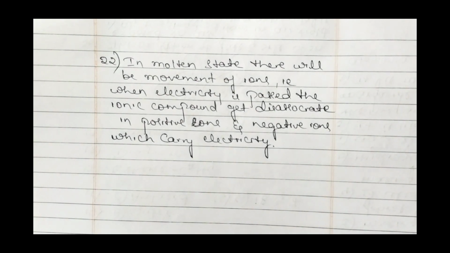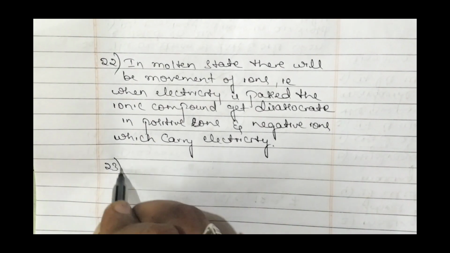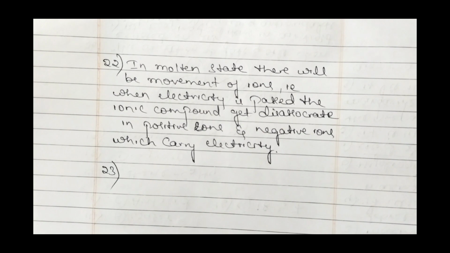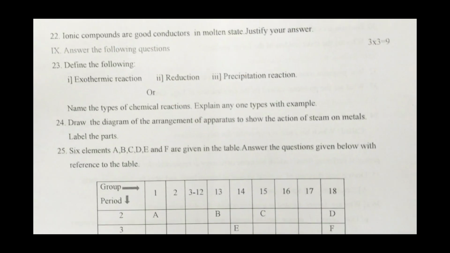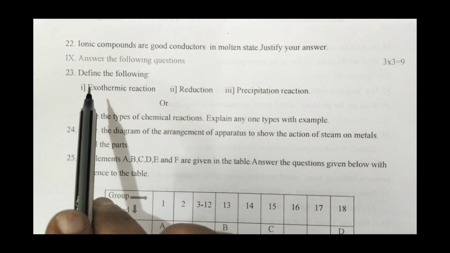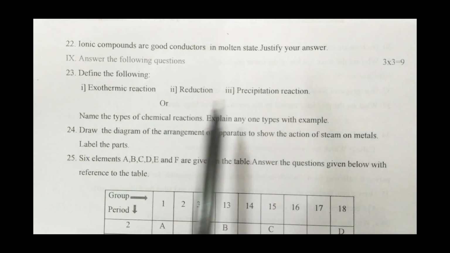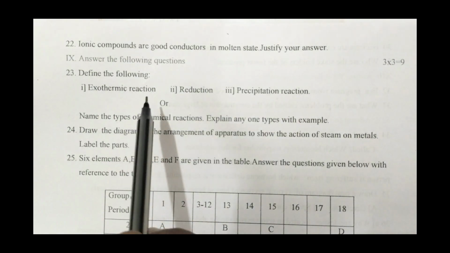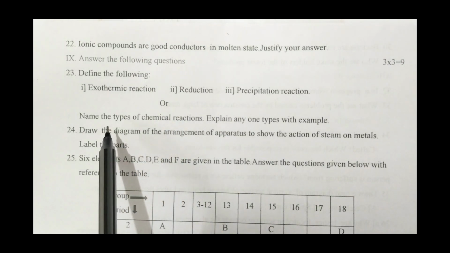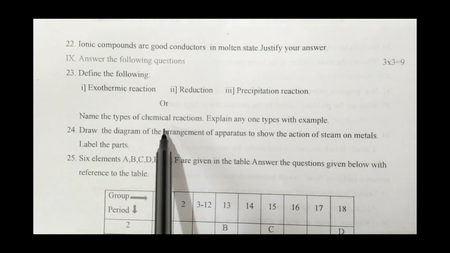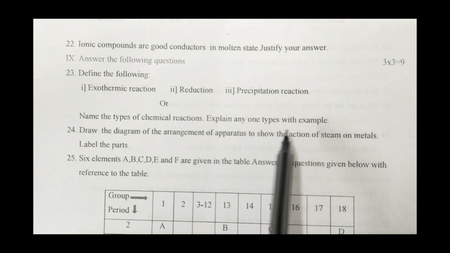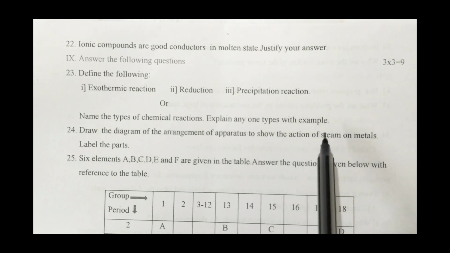Now let us move to question number 23. In question number 23 they have given: define the following: exothermic reaction, reduction, and precipitation reaction. For that, one more internal choice question is there: name the types of chemical reaction and explain any one type with example.